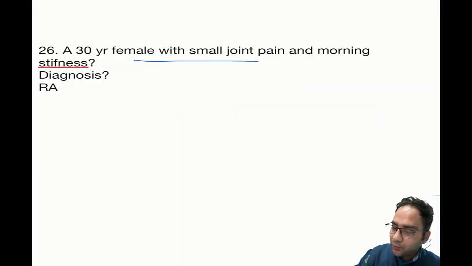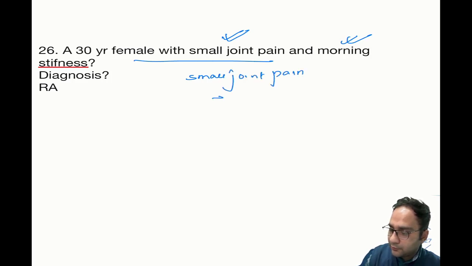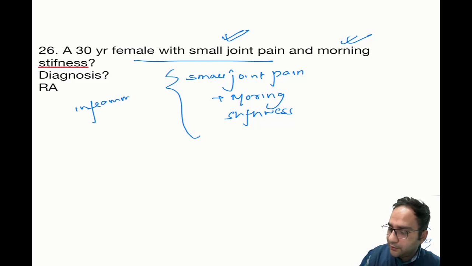The next question was also a very clear-cut question, which is telling you about multiple small joint pain and the presence of morning stiffness. So small joint pain plus morning stiffness is classically an inflammatory arthritis.